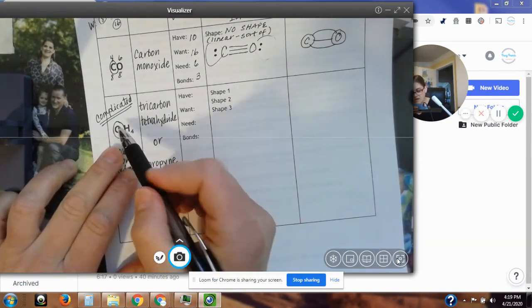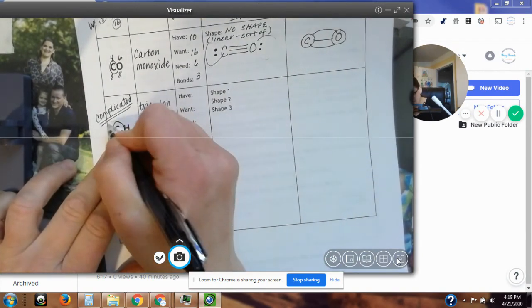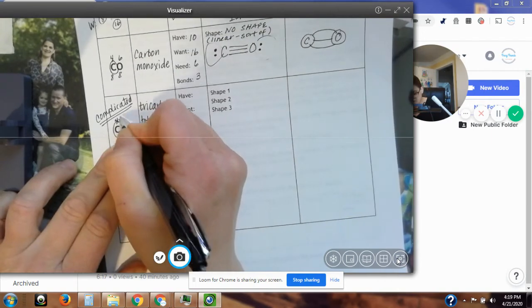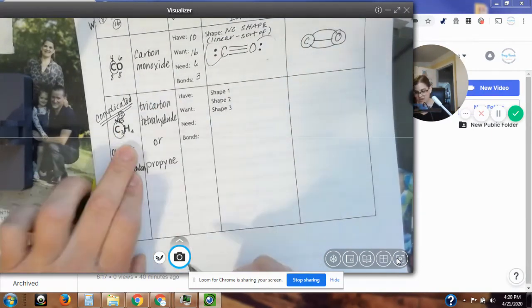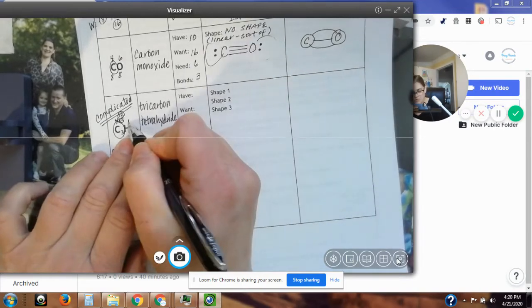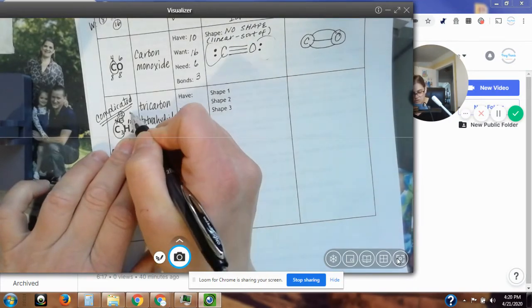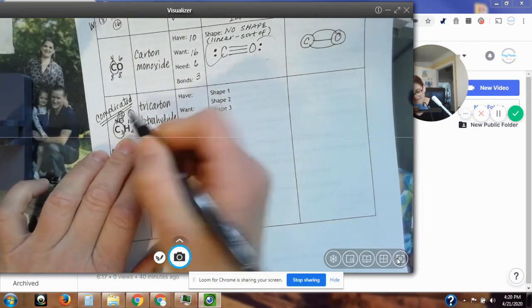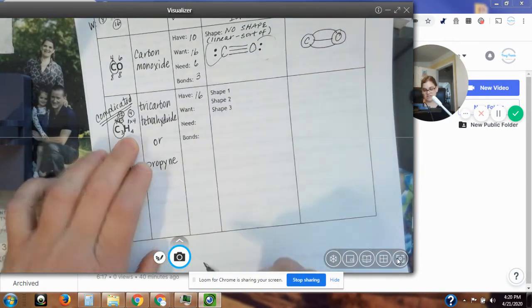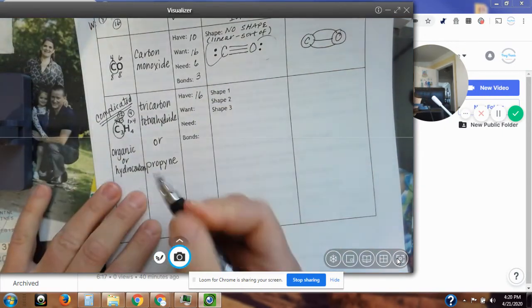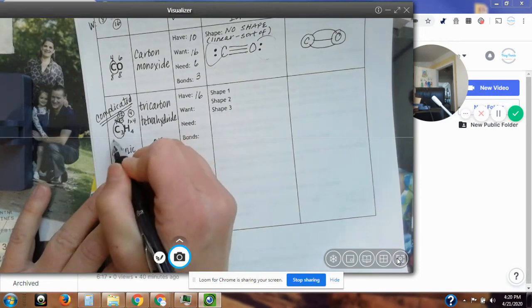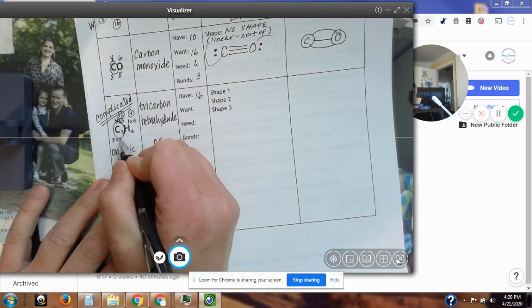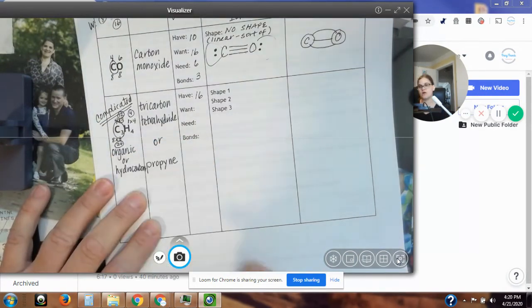So I've got carbon. It has 4, but there are 3 of them, so that's a total of 12. And then hydrogen has 1, but you've got 4 of those, so that's a total of 4. So 12 plus 4 is 16. There are 16 electrons. Now carbon here wants to have 8. There are 3 of them, so that's a total of 24.